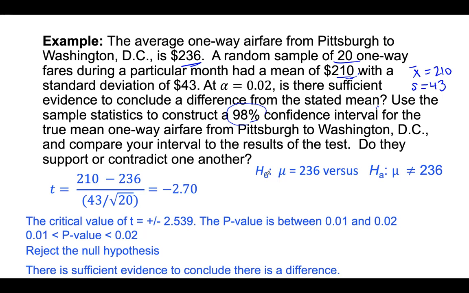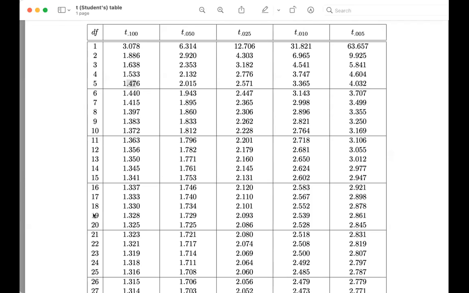We've done that null hypothesis of mu equal to 236 versus the alternative that it is different. This is clearly a two-tailed test. We can compute the test statistic, which is negative 2.70, and we can find the critical values for a 98% level, or you could see where this falls into the region. The degrees of freedom is 19.